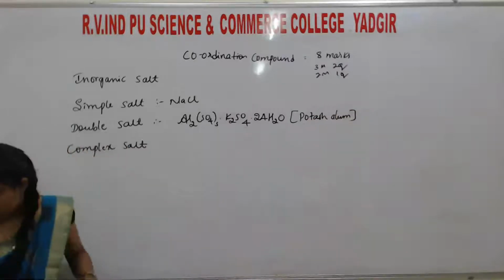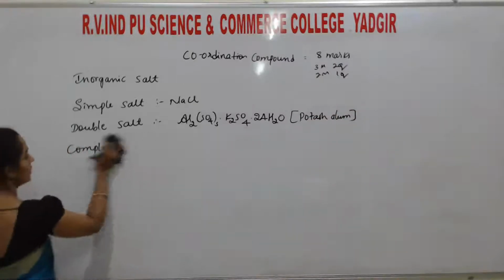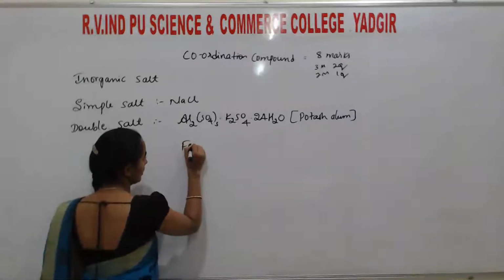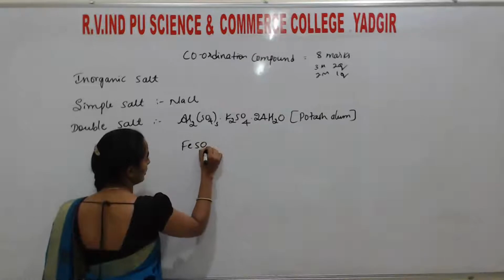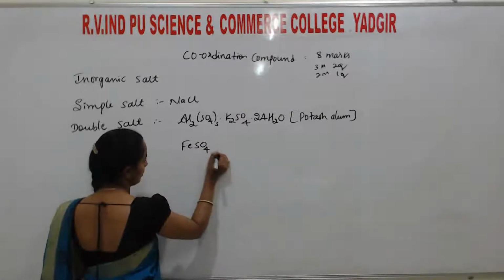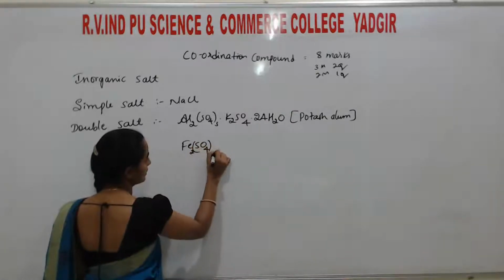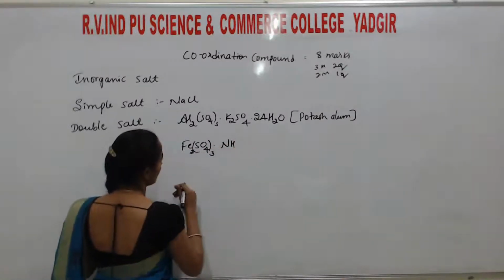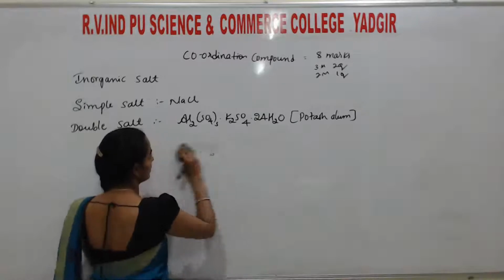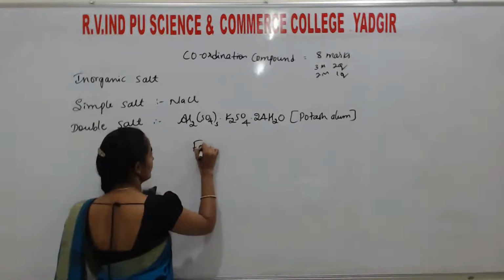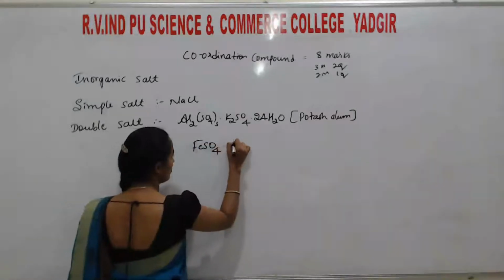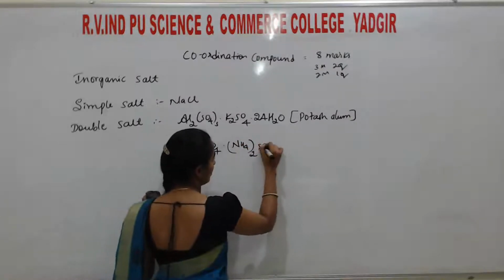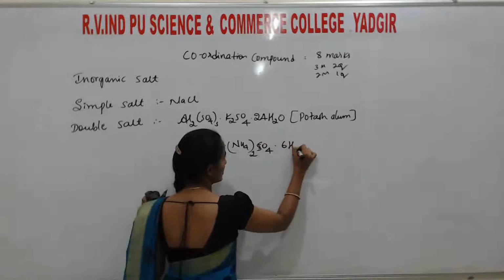Another one is Mohr's salt: FeSO4 plus (NH4)2SO4 into 6H2O.